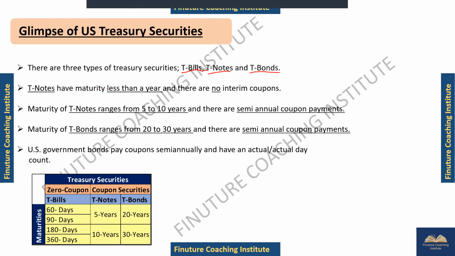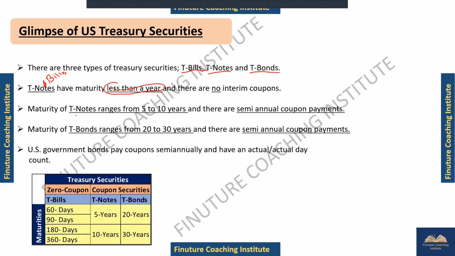T bills have a maturity less than a year, and there are no interim coupon payments. One correction over here, it should be bills. Very important: bills have a maturity less than a year, and there are no interim payments.